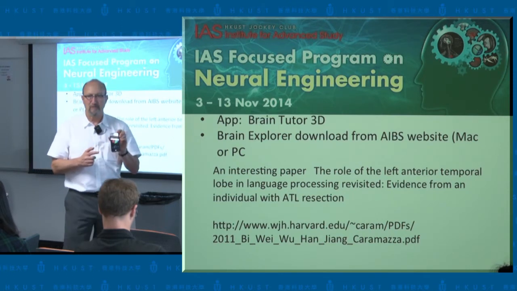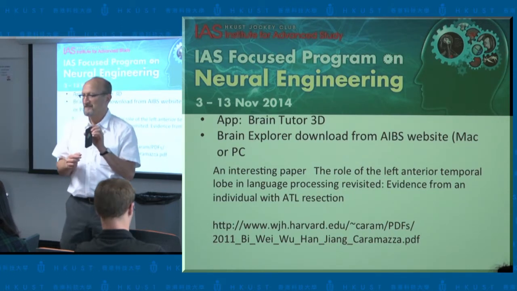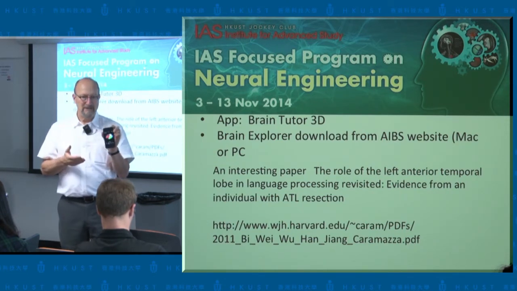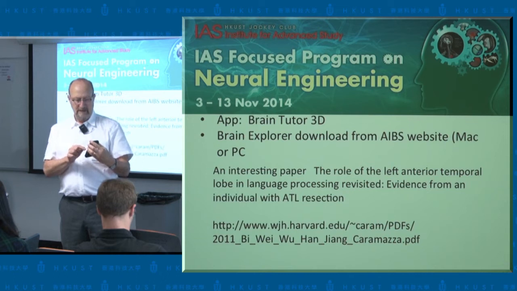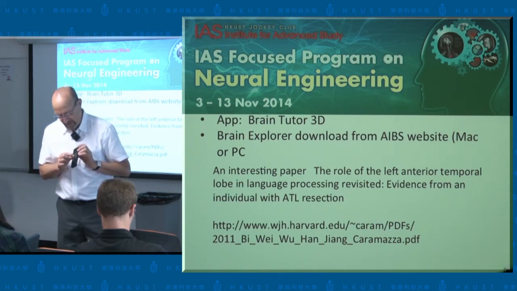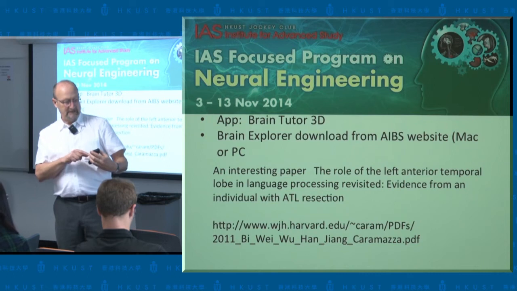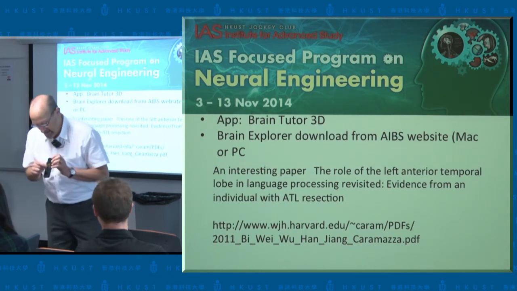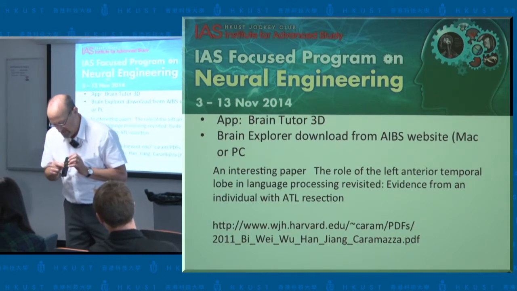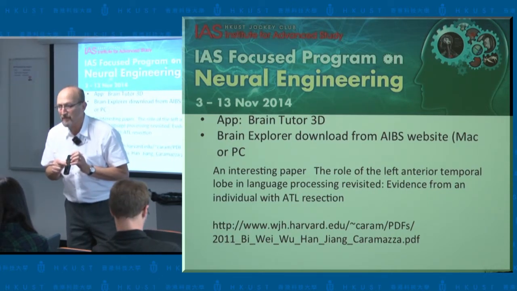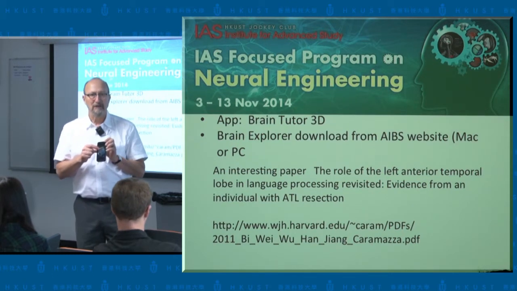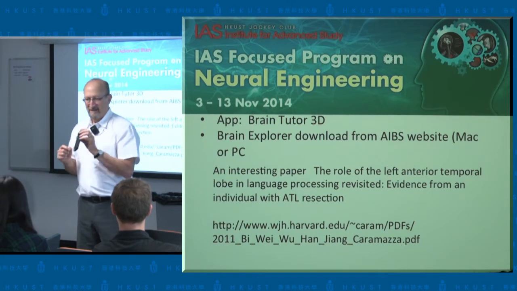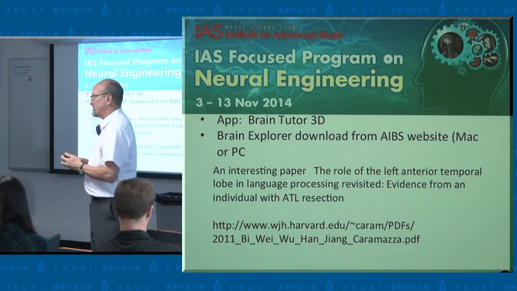So if you're not familiar with brain anatomy, this is a nice little app that you can download. I think it works on both iPhones and Androids. You can take sections through the brain. Let's see if I can do this here while we're talking. So I can take a human head and move through and take different sections and look at regions of the brain. So if you're not familiar with brain anatomy, this is a nice little app to give you a bit of orientation, okay? It's called Brain Tutor 3D.